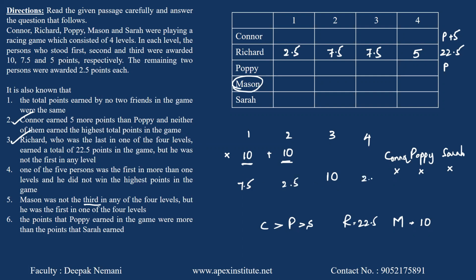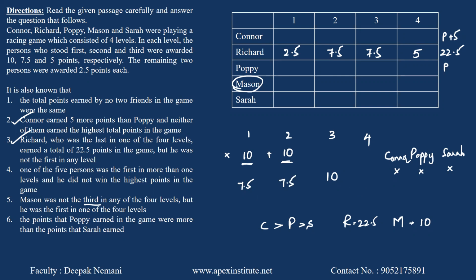Now, if I consider that he has won 2.5 points and 2.5 points in the other two levels, what would be his score? 10 plus 5, 15, 15 plus 7.5, 22.5. See, Richard's score is 22.5. So how can we have Mason being the highest scorer? This is not possible. So he needs to score one more 7.5.